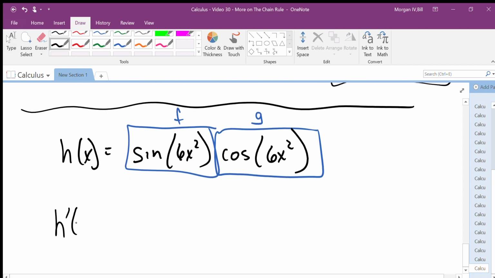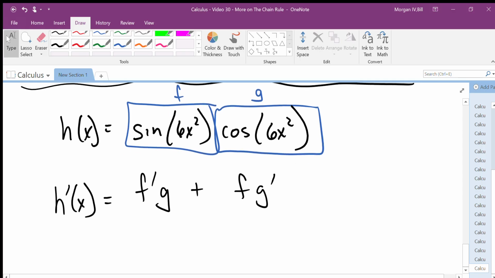H prime of x. I know it should be f prime g plus f g prime. That is the product rule. So f prime: the derivative of sine is cosine of whatever this inside function is, 6x squared. But because it's not just x there, it's an entire function, I now have to multiply that by 12x.